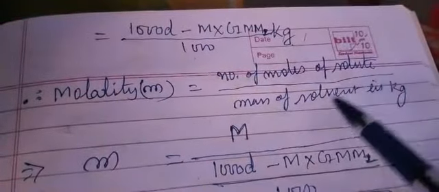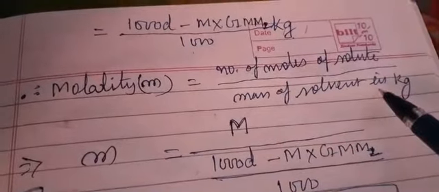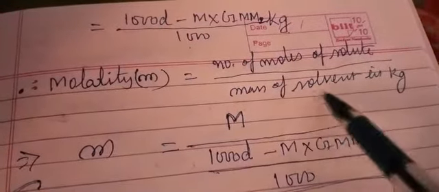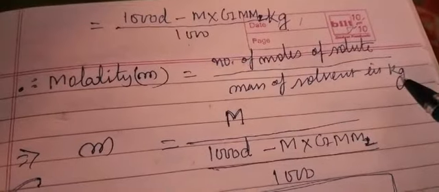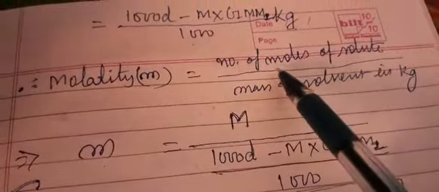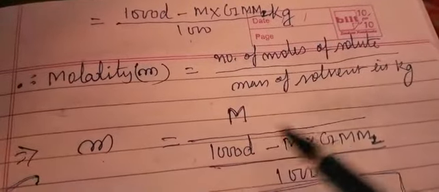Now we'll find out the molality. What is molality? Molality is the number of moles of the solute present in per kg of the solvent. So it is the number of moles of the solute divided by mass of solvent in kg. Symbol of molality is m.